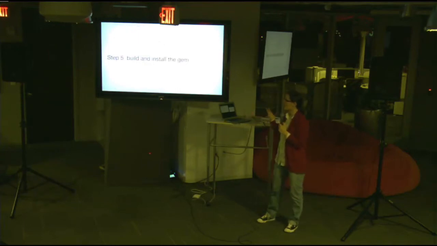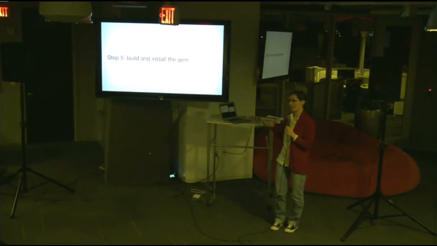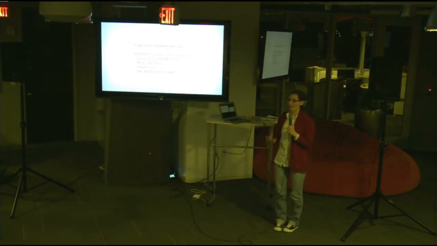And so the next step is to build and install a gem. And there's actually an easy way and a really, really easy way to do this. So I'm going to do the easy way first and then the really, really easy way. And so the easy way has 2 steps.